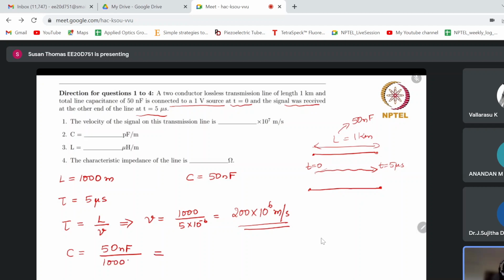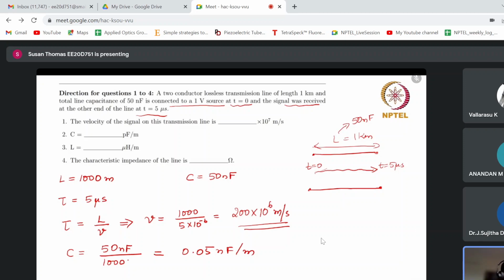Give me the answer. That will be the capacitance per unit length. So that will be 0.05 nanofarad per meter. But if you notice, this is in picofarad, so always do remember the units.